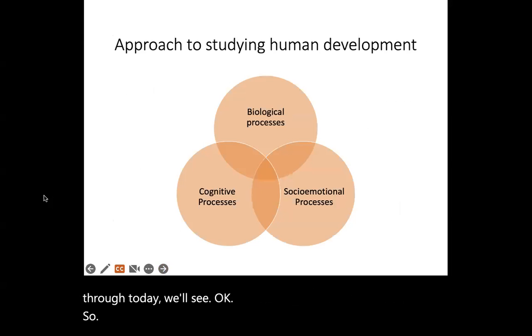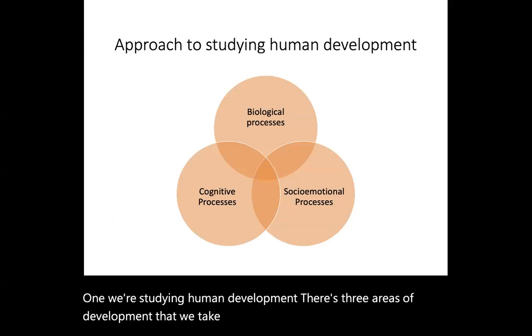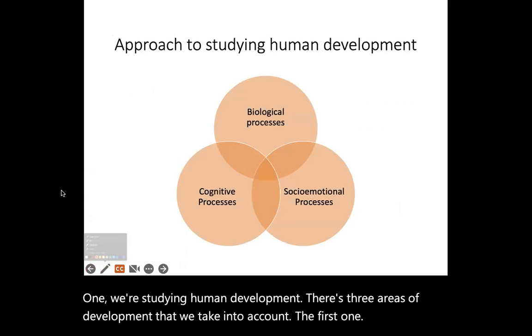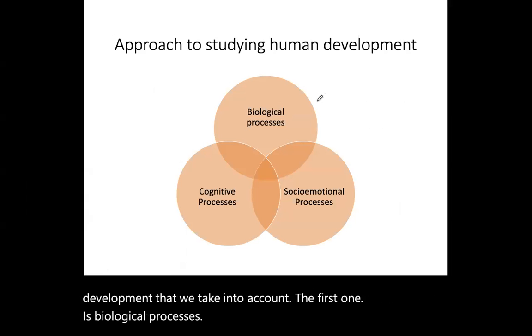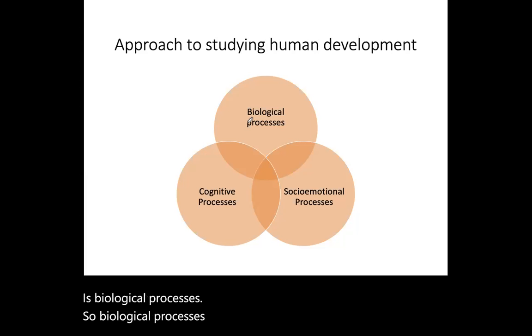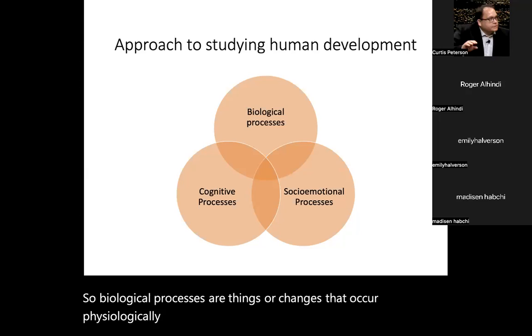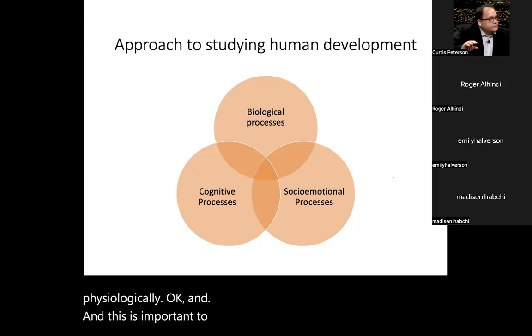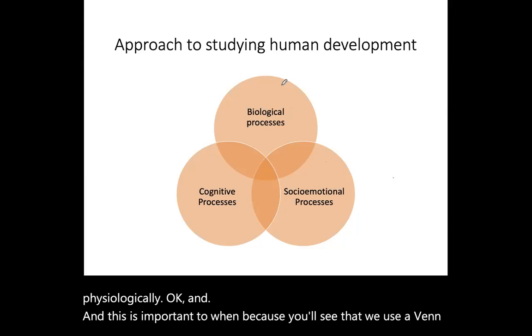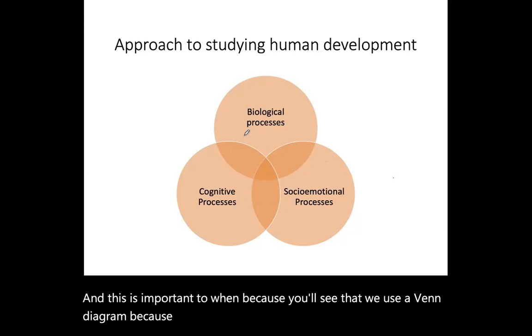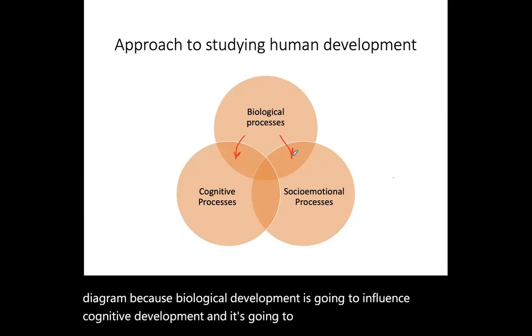So when we're studying human development, there are 3 areas of development that we take into account. The first one is biological processes. Biological processes are changes that occur physiologically, okay? This is important because you'll see that we use a Venn diagram, because biological development is going to influence cognitive development, and it's going to influence socio-emotional development.